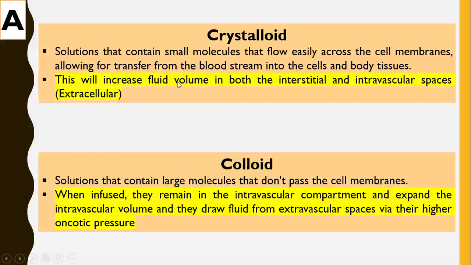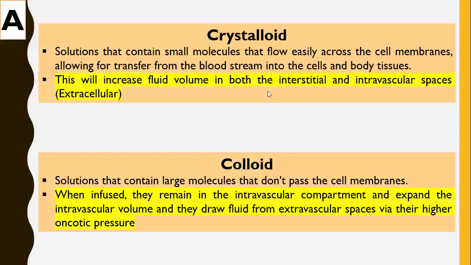But if it is isotonic, there is no passage to the cell or from the cell. All the movement will be in the extracellular compartment. This will increase fluid volume in both interstitial and intravascular spaces. So if I give the patient an isotonic crystalloid, I suppose that the compartment of distribution will be the extracellular space.